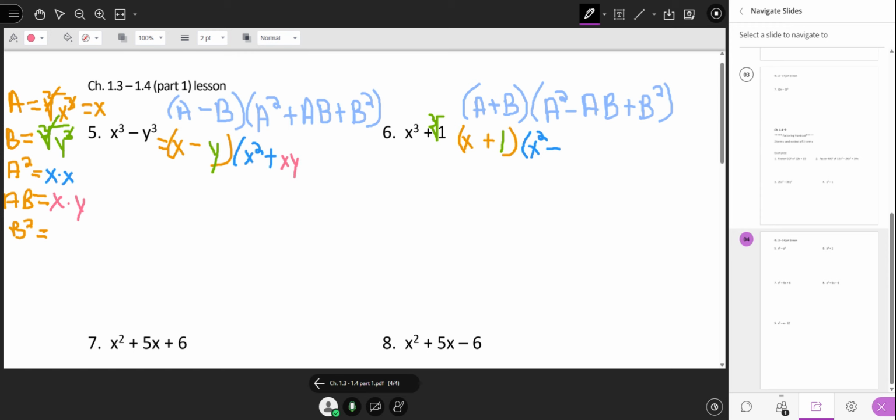And here, x times 1 is x. That says plus. Change colors. b squared: y times y is y squared.